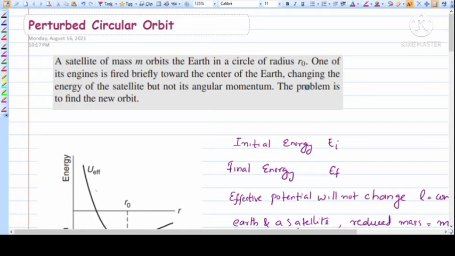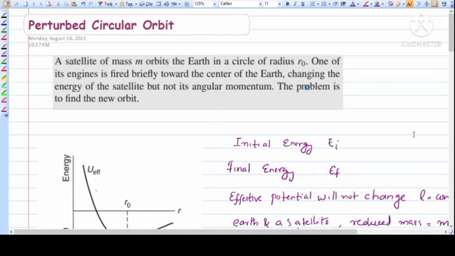So its angular momentum still remains constant. The problem is to find the new orbit and the characteristics of the new orbit.